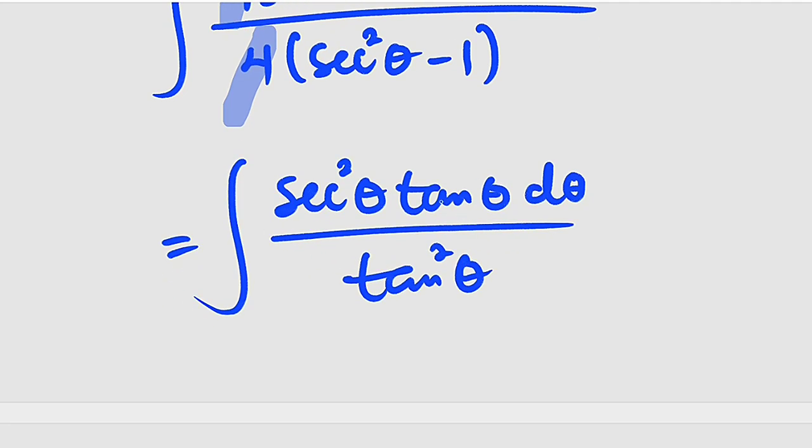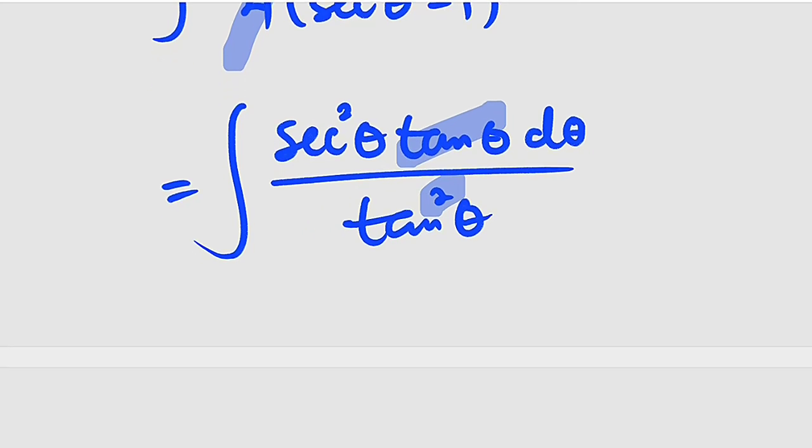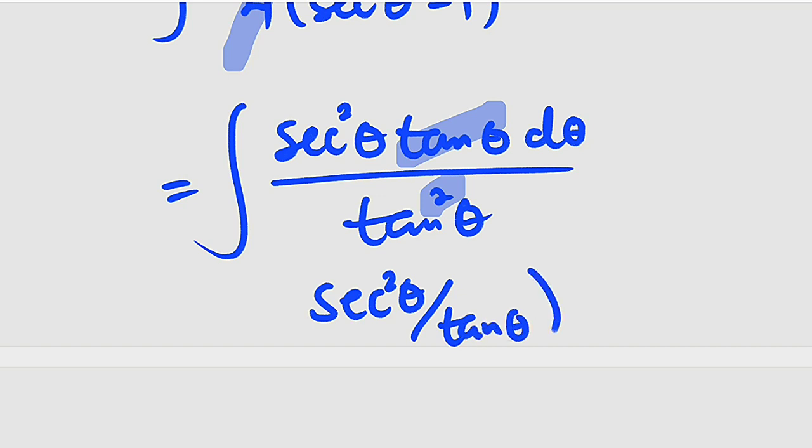So by cancellation, you can see that tangent theta will cancel one of the tangent theta here, because we have tangent theta times tangent theta to the bottom. So all we have is secant squared theta divided by tangent theta, right, is what we have to integrate with respect to theta.